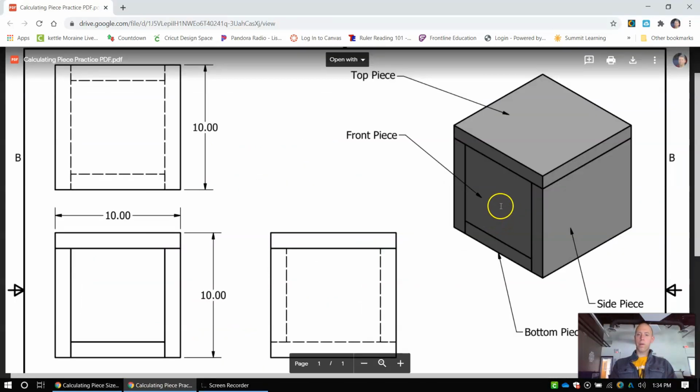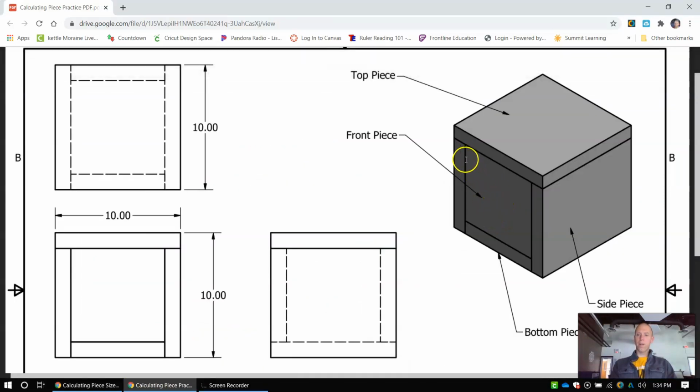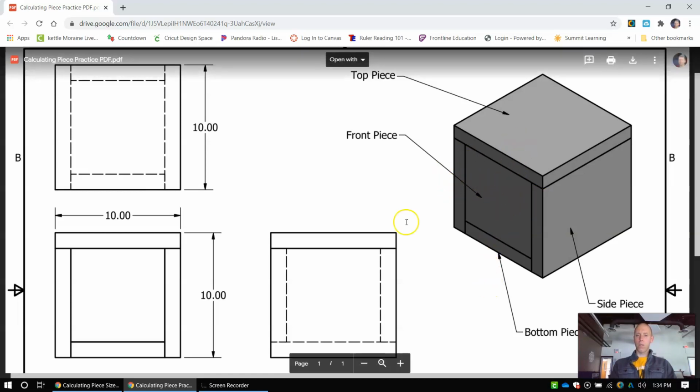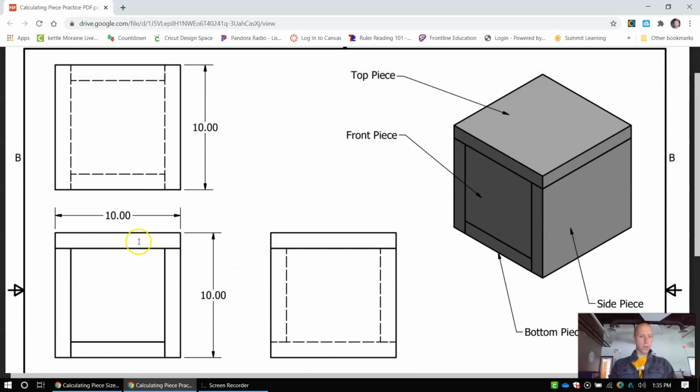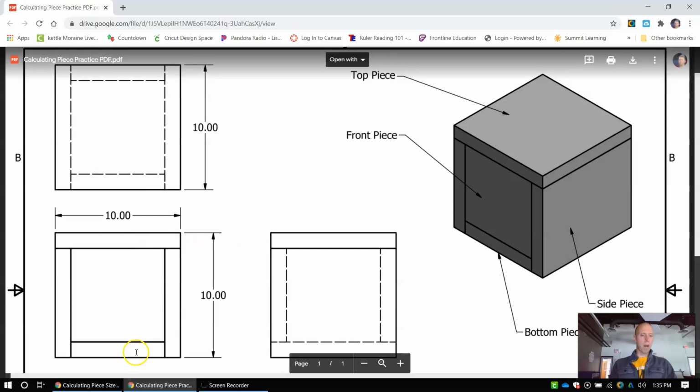On our drawing here, we can see that the front is sandwiched between the sides, and it's sandwiched between the top and bottom. So if we use logic, we think this through. Okay, this top piece has thickness, this bottom piece has thickness. So if the total height here is 10, but this front piece is sandwiched between a top and a bottom, and those have thickness, then the front piece must be less than 10.